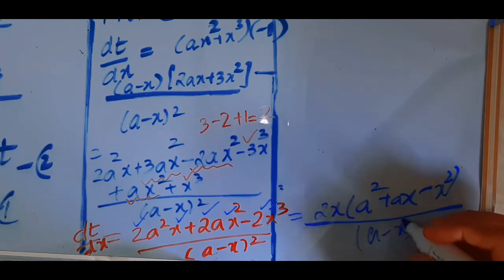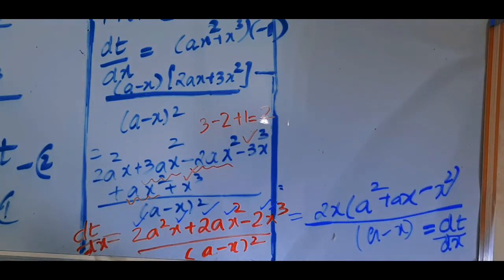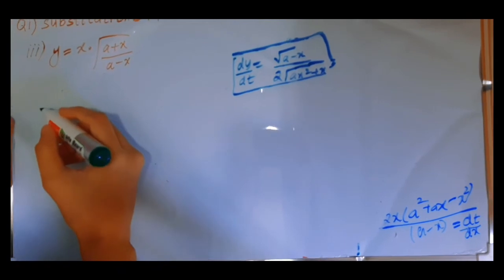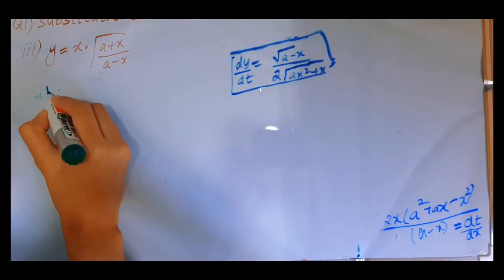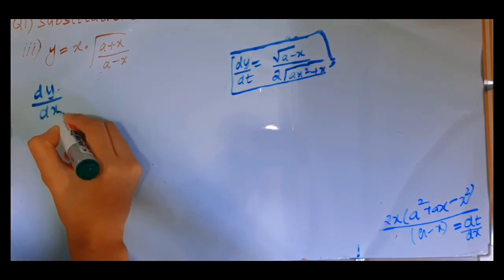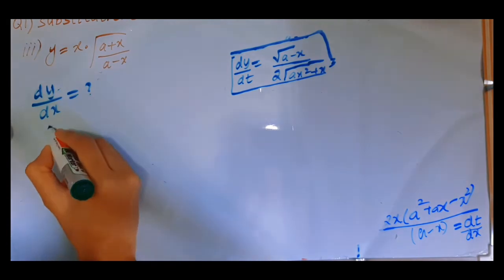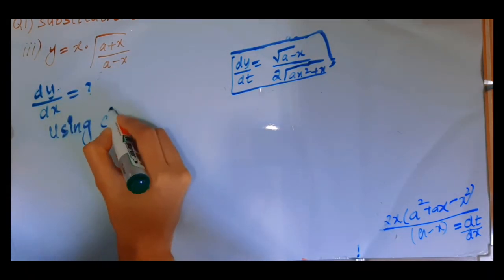So we get this is dt over dx. Now we have to find dy over dx. So dy over dx we have to find using the chain rule.